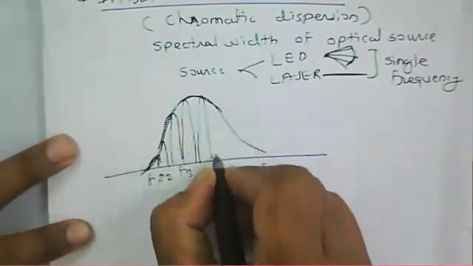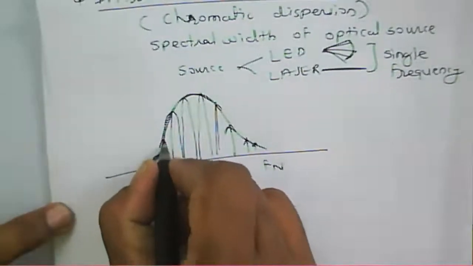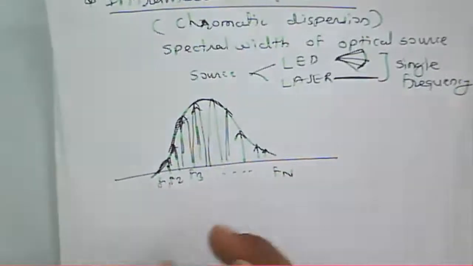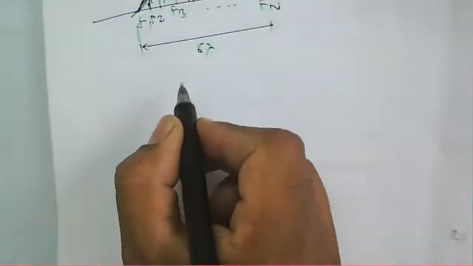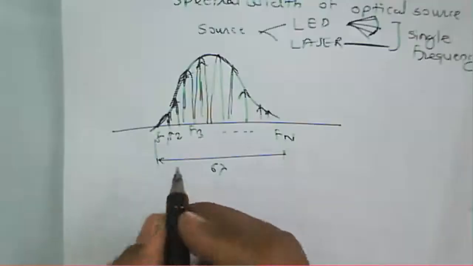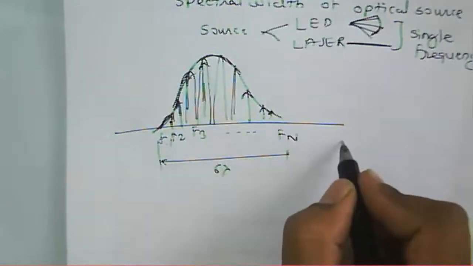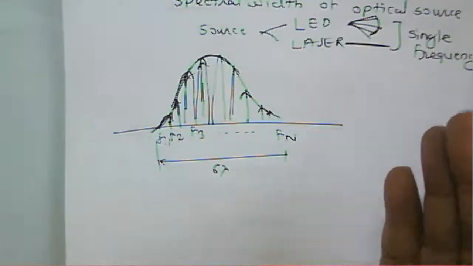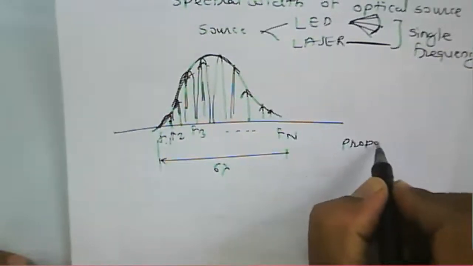They are nothing but different spectrum, or I just draw here the different frequency signals. So a source doesn't have a single frequency; it has some particular spectral width, and because of that spectral width, the different frequency signals reach the other end with a different delay, meaning propagation delay.